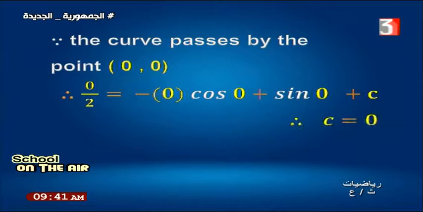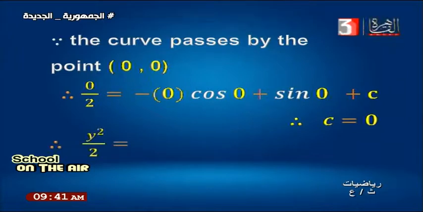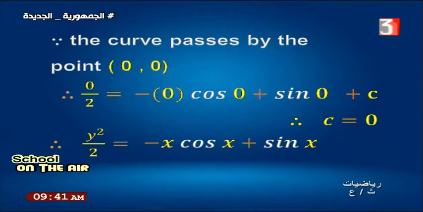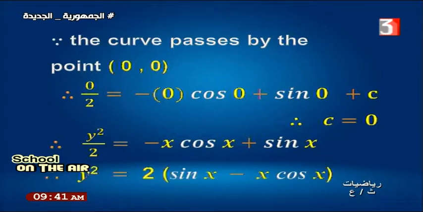Then the constant c equals 0, and y power 2 over 2 equals negative x cosine x plus sine x plus 0. Multiply both sides by 2, then y power 2 equals 2 multiplied by (sine x minus x cosine x).